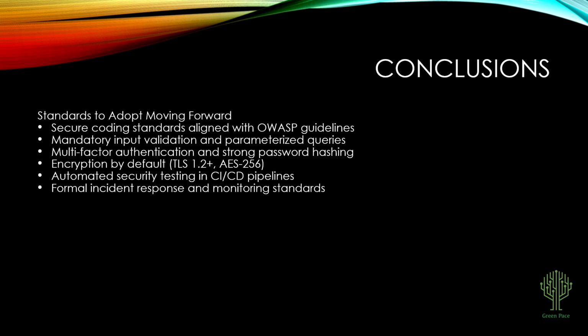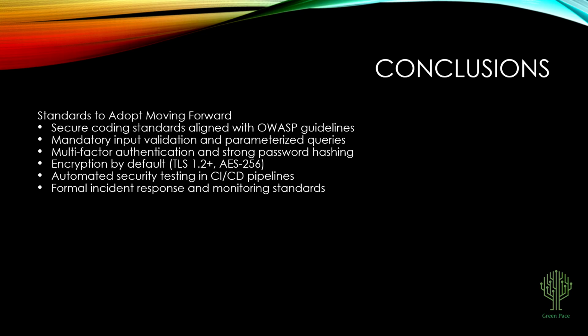In conclusion, preventing future security issues requires adopting clear, enforceable standards across the organization. Secure coding practices should align with established frameworks such as OWASP. Input validation and parameterized queries need to be mandatory across all applications to reduce injection risks.